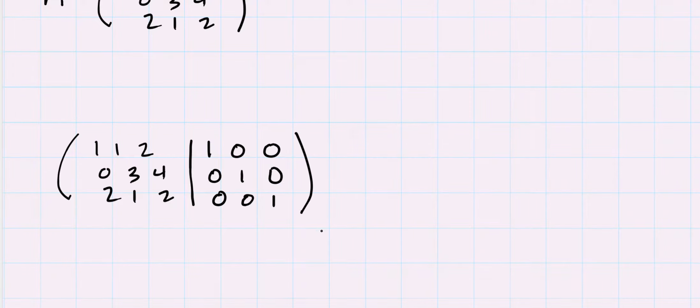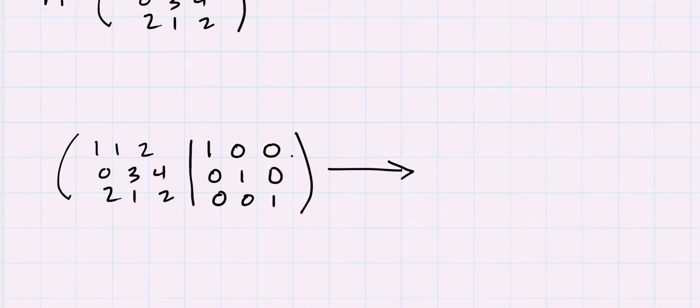Now we already found the inverse of this matrix, so I'm just showing you another way to do it that is a little bit quicker. I'm going to do exactly what I did before. I'm going to follow the same procedure, and I'm going to show you that we're going to get the inverse on this right side. So I'm going to make this side look like the identity matrix, and then this side is going to end up looking like the inverse.